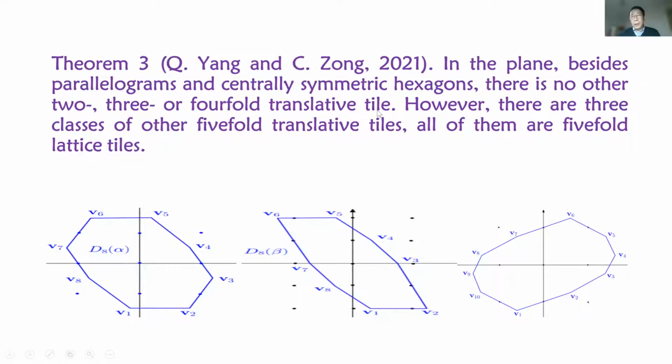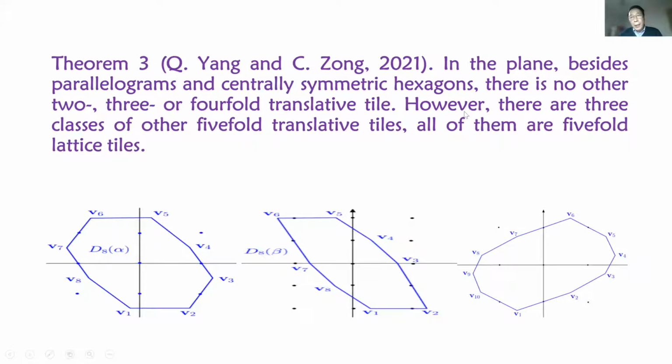This means, as Fedorov discovered, the parallelogram and the centrally symmetric hexagon can form a one-fold tiling. Then you can just stack them together to form twofold, threefold, and so on, but we regard these as the trivial ones. So besides these, there are no other candidates that can form twofold, threefold, or fourfold.